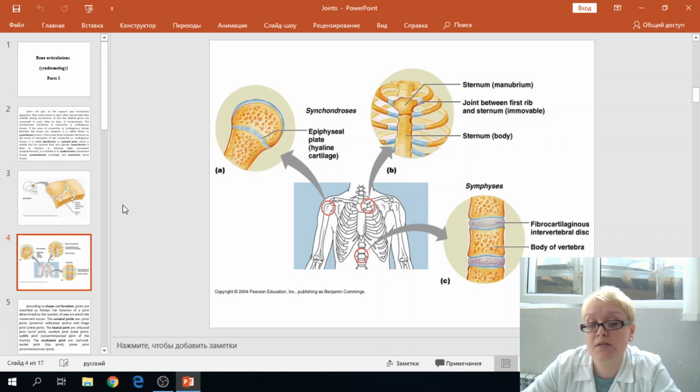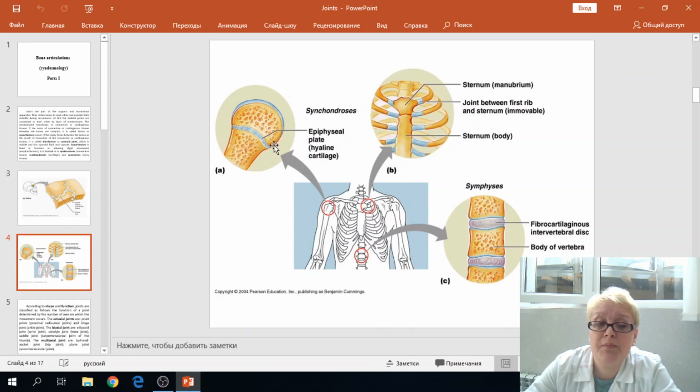Next is the kind of synchondrosis. Synchondrosis is a joint in which the bones connect with each other by cartilage. Synchondroses are the costal cartilages: the costal cartilage of each true rib connects with the manubrium and the body of the sternum, and this kind of joint is synchondrosis.